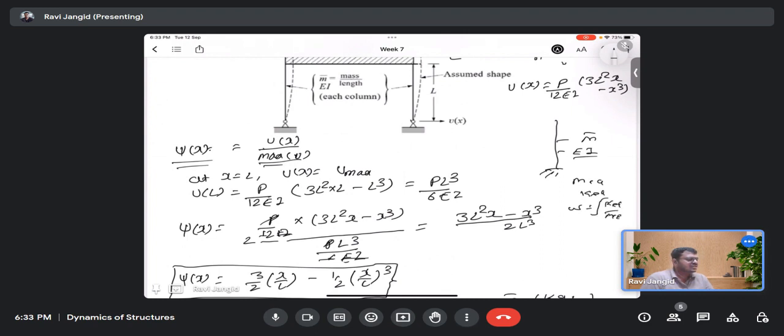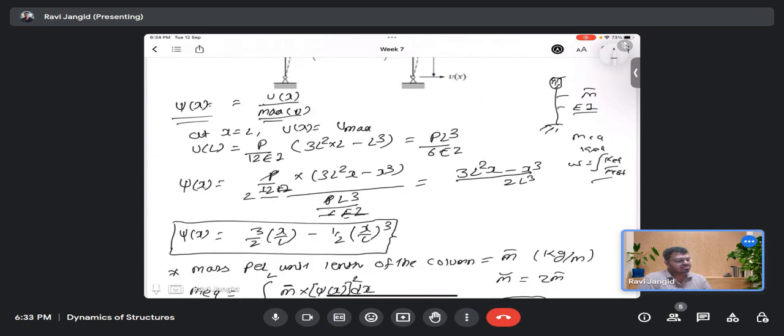Yes. But here, let us suppose we have a lumped mass given at the top, then how would you deal with that? You need M equivalent, and this mass would also be in the picture. This is the way you need to do that.